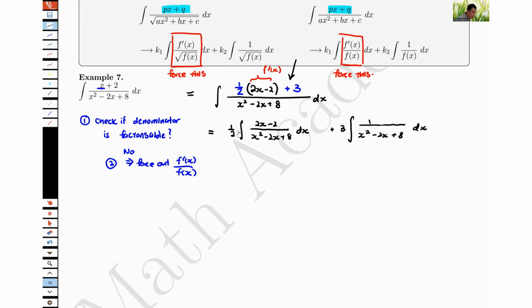Okay, so what's the point of trying to force out that f prime? It's for this particular step, you are going to get f prime over fx. So if it's f prime over fx, we know that we will get ln of that denominator.